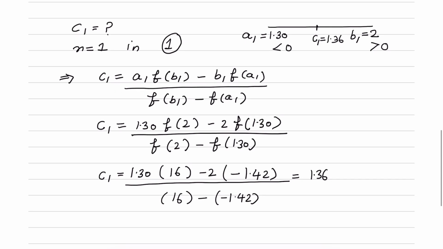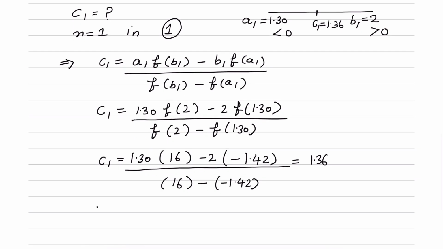So somewhere in between the a1 b1 interval we have found c1, which is 1.36. Now we are going to find f of c1. Every time you find a false point, here c1 is a false point, we are going to plug this in the function.